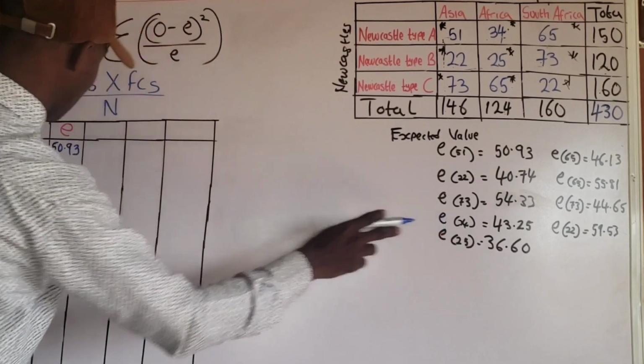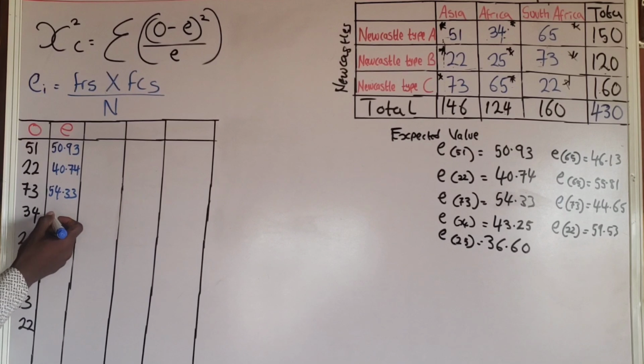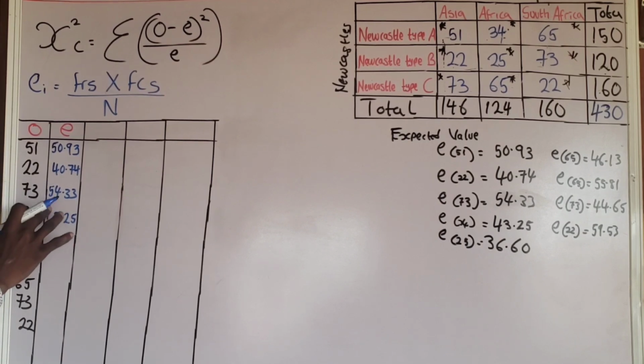For 34, it is 43.25. Please, I'm very sure you are getting what I'm doing. I'm just putting all the expected values to their corresponding observed values.